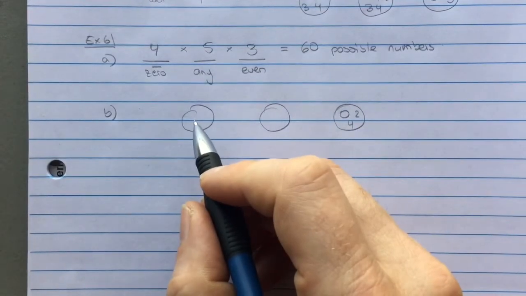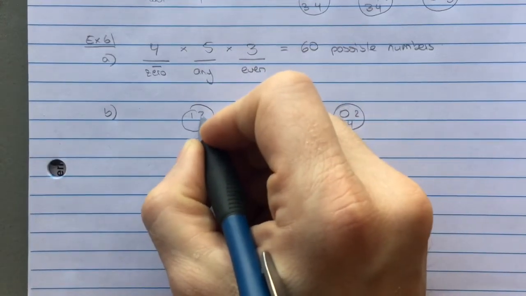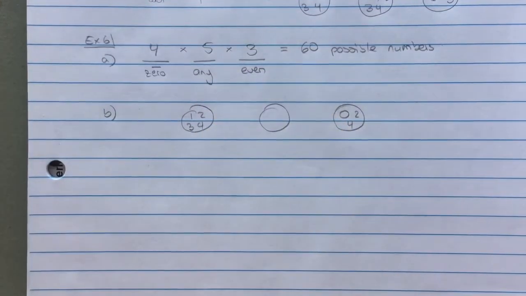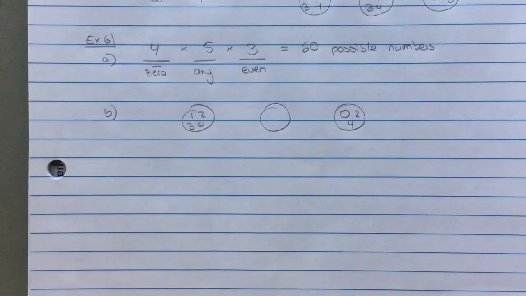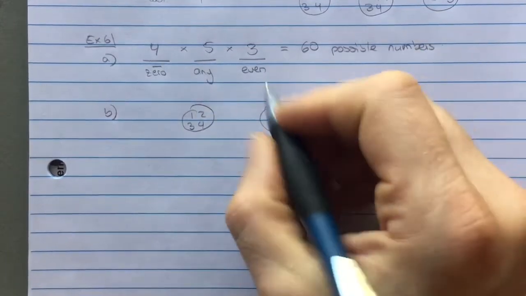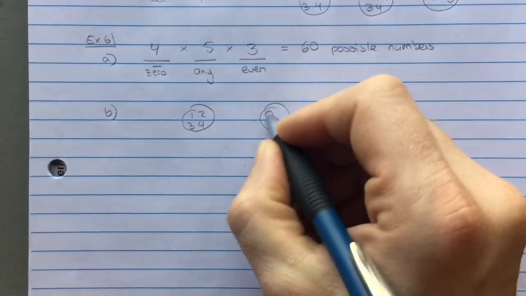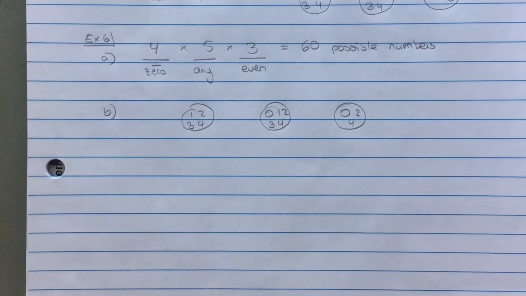For the first digit, you can choose either 1, 2, 3, 4, because you can't choose the 0, because you want to have 3-digit numbers. In the second digit, you can choose anything, but it just can't repeat the digits that you already have chosen.